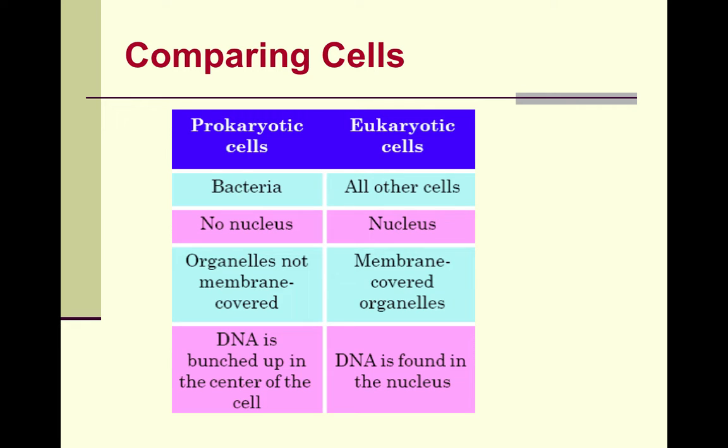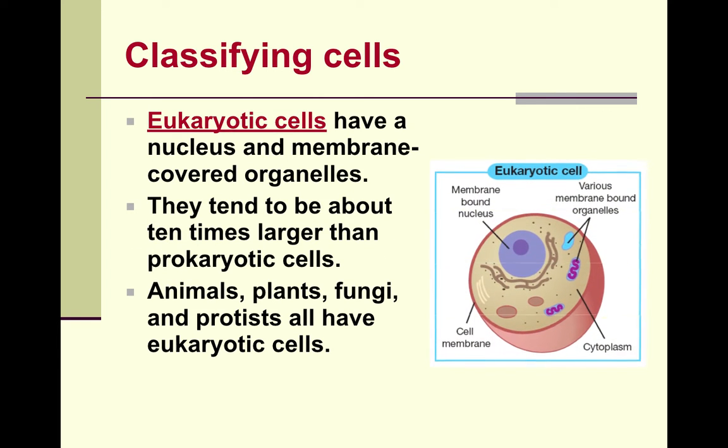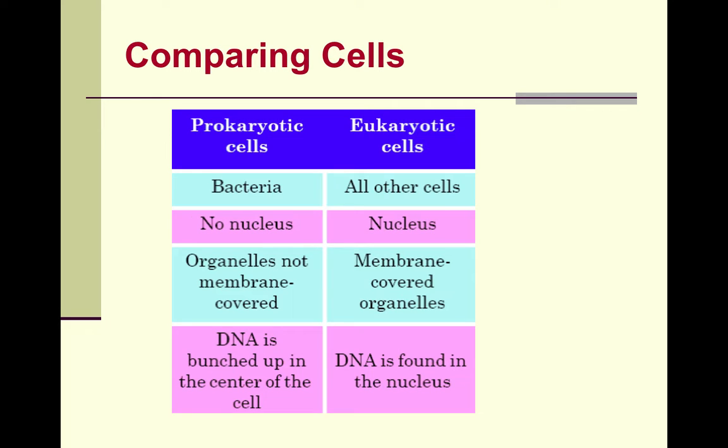Here you can see a chart that compares the two different kinds of cells and the fact that the prokaryotic cells don't have a nucleus, the eukaryotic cells do. Organelles are not membrane covered in the prokaryotic, and they are in the eukaryotic. DNA is just kind of bunched up in the center of the cell. DNA is found in the nucleus of the eukaryotic. You can see that here in the pictures. Do you see how the DNA is just kind of, this is the prokaryotic, it's just kind of strung out there in the middle, and in the eukaryotic, it's inside the nucleus.